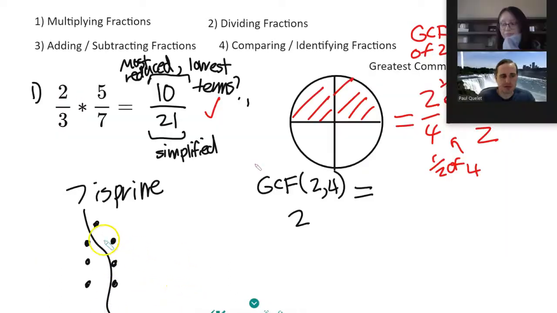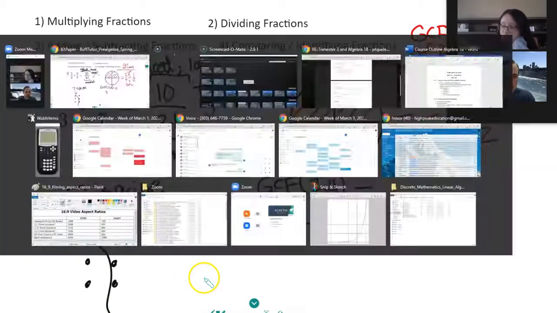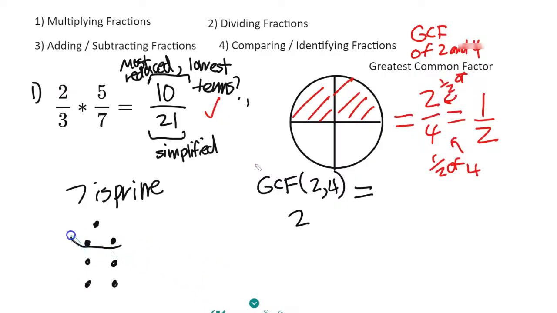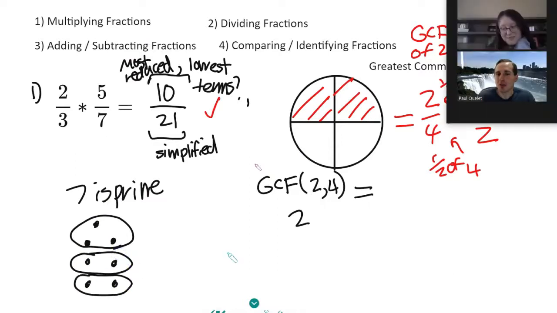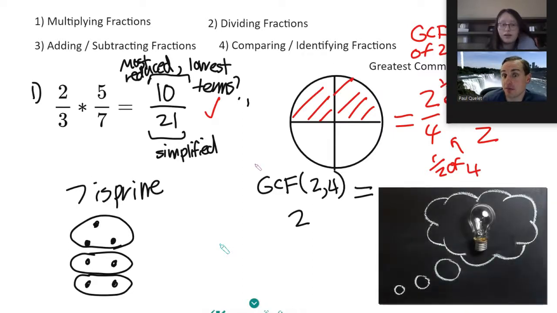You have 3 on one, 4 on the other. Can I make teams of 3? No, it's not possible. You can keep going through this. 7 divided by any number you can think of is a decimal. It's not a whole number. That's what it means to be prime.